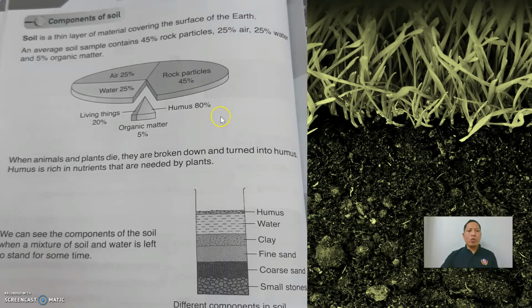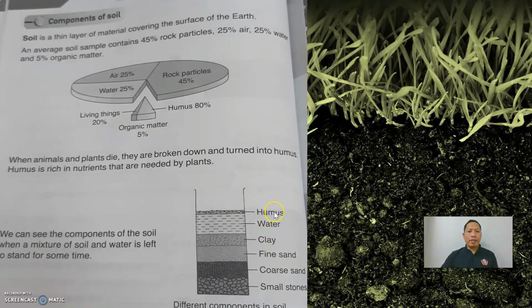How many percent or what percent of organic matter? You answered 5%. And what percent of air? That's 25%. And what percent of water? That is 25% also. And living things is 20%.